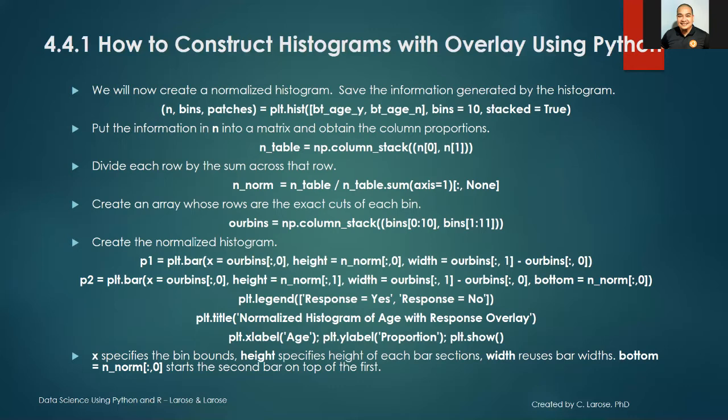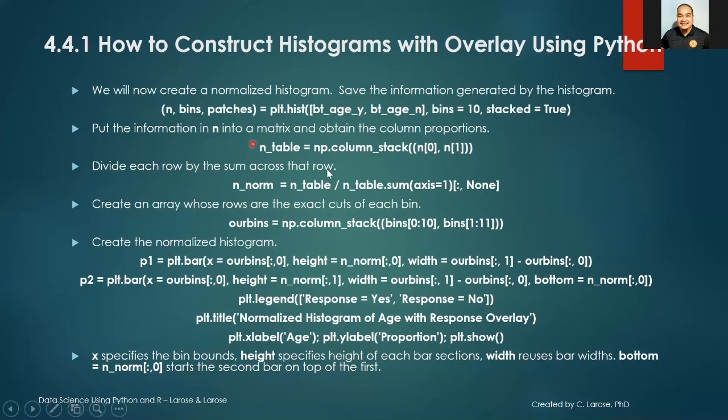To create our normalized histogram, we need to know what proportion of each bin each variable represents. To accomplish this, we need to put the information contained in n into a matrix and obtain the column proportions. To begin the construction of the matrix, combine the heights of the two variables' bars into one array using the column_stack command.